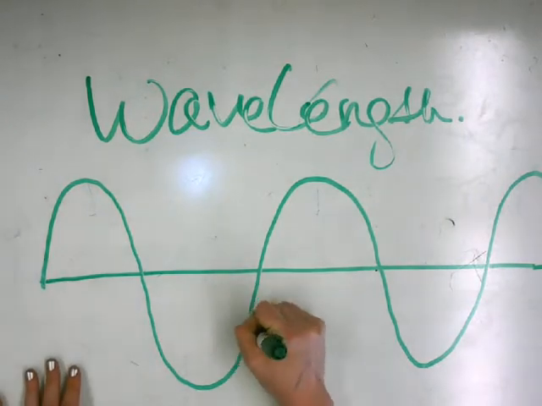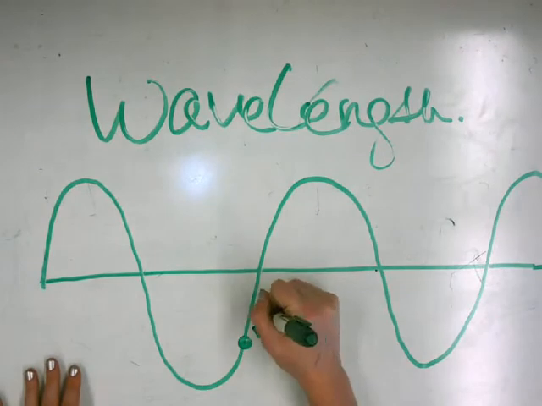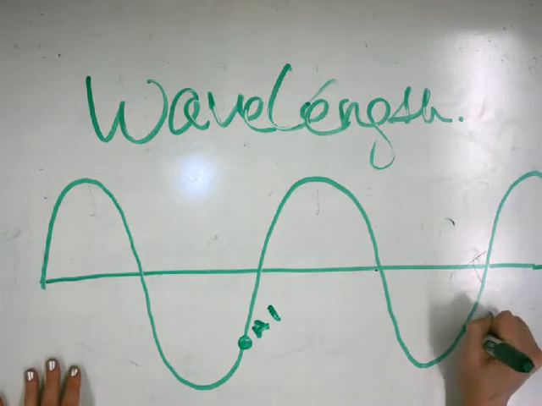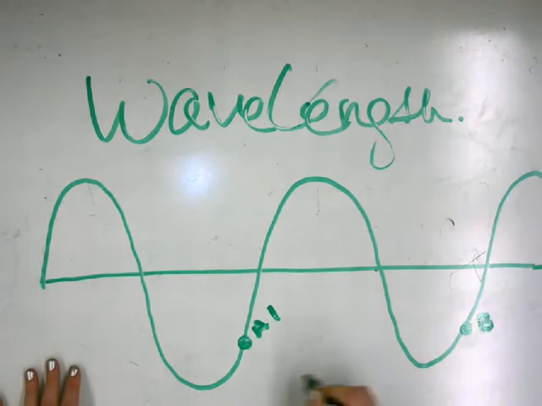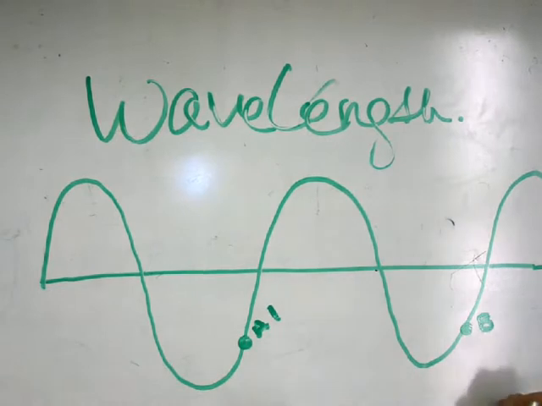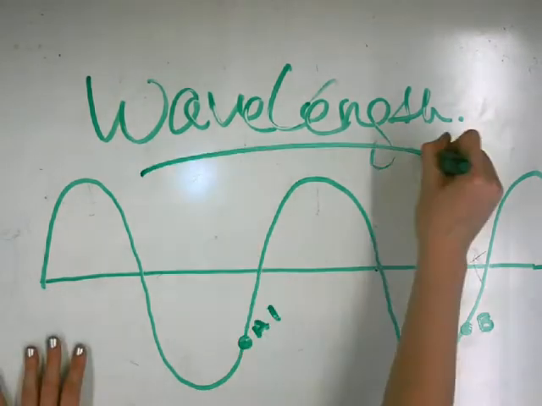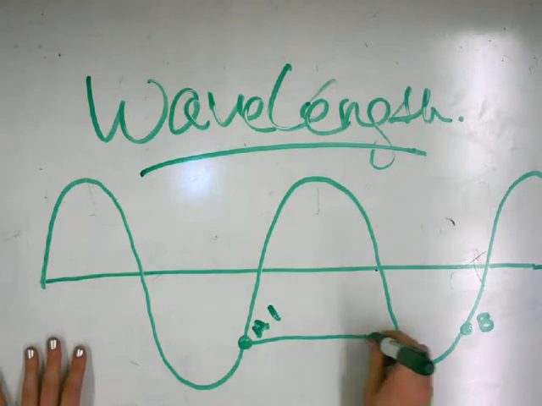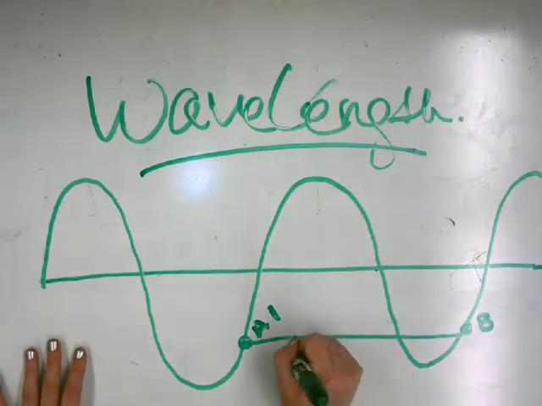Wavelengths can occur at any point on the wave train. It can happen here, and it can also happen here. So really, that is what a wavelength is.